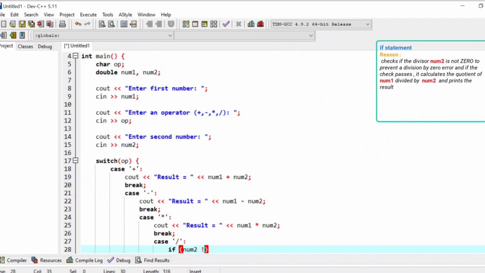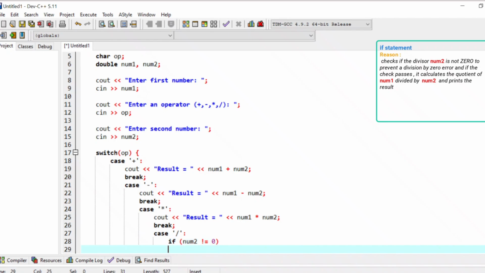For division, the program first checks if the second number is not equal to 0. If it is not 0, it divides the first number by the second and shows the result.